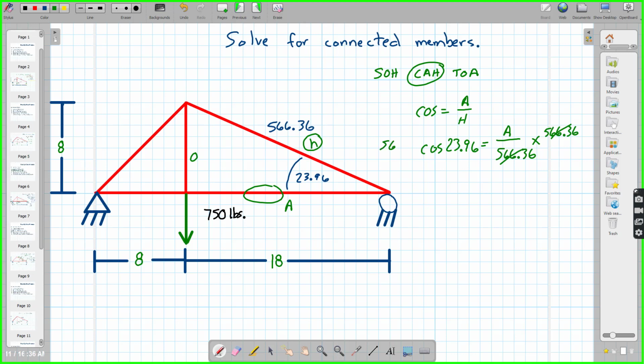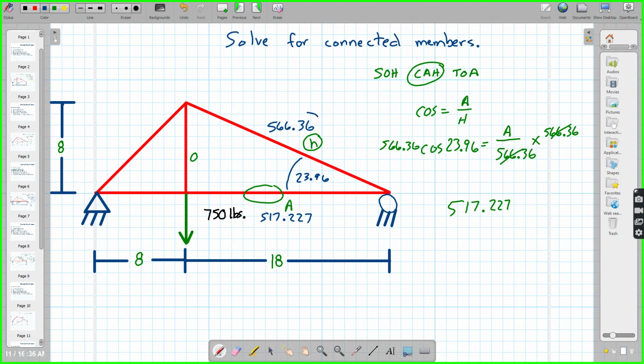So this one, the math's a little bit easier, right? So there's mine. Let's go ahead and plug that into the calculator here. So 566 times the cosine of 23.96 is going to give us 517.227. So now I can update. And I said, well, this one equals 517.227.